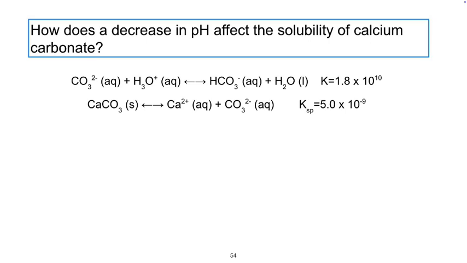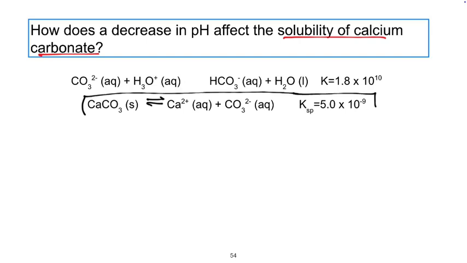We're looking at the solubility of calcium carbonate. Which expression looks at the solubility of calcium carbonate? The second expression. So this question is only really centered on that second expression. This is the whole point.